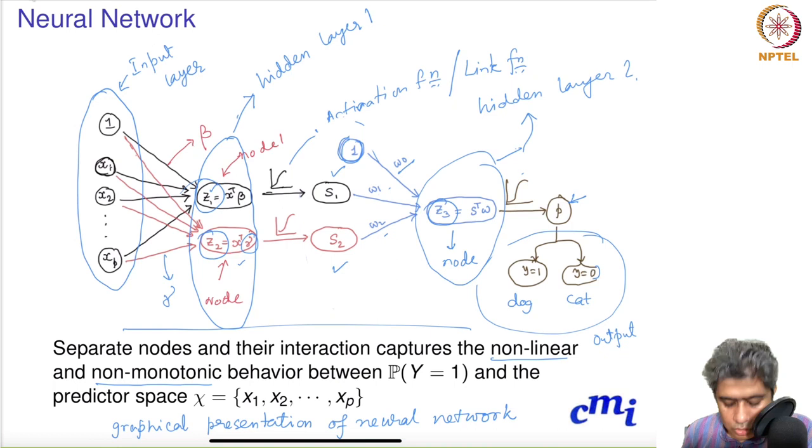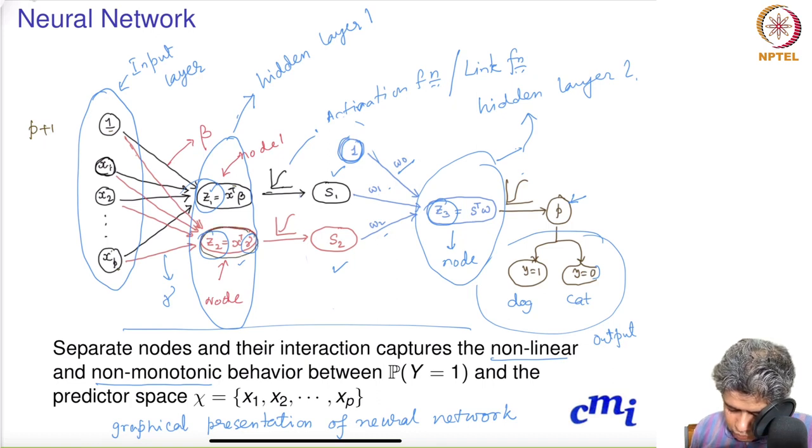Let me tell you. Here you have 2 nodes. From node 1 you have p plus 1 parameters because you have p features and an intercept. From node 2 you also have p plus 1.